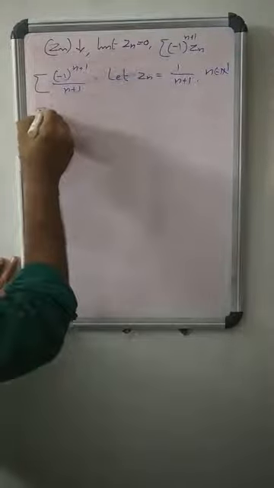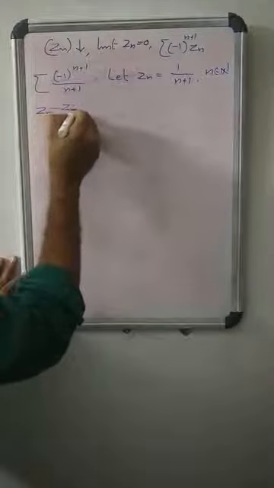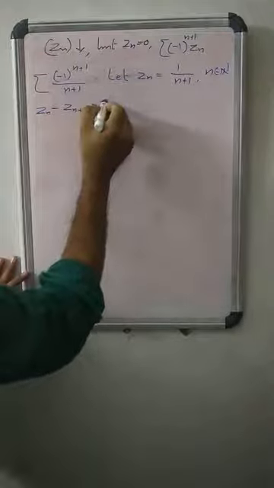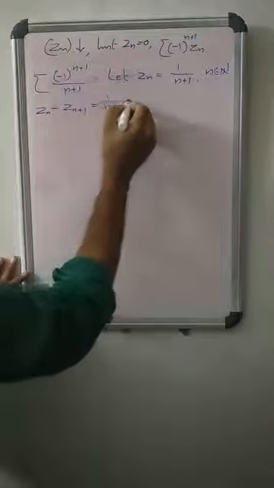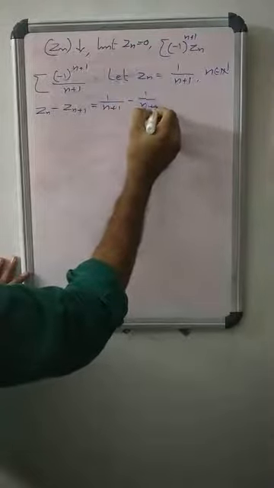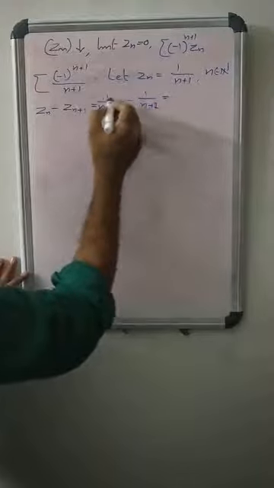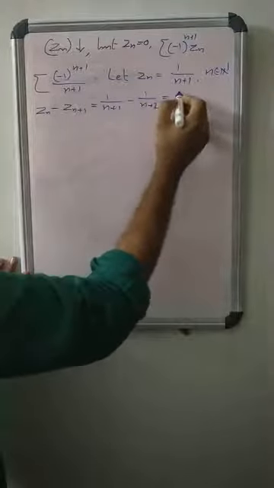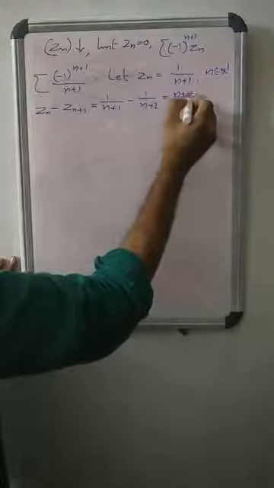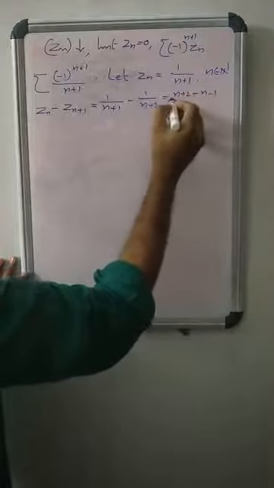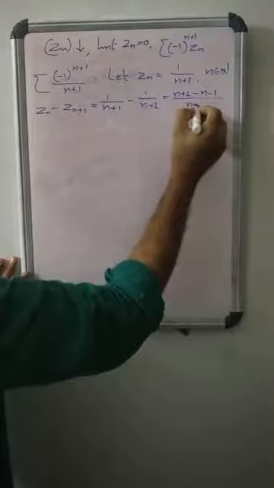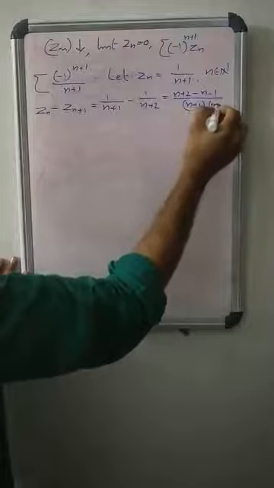Moreover, generally, what is Zn minus Zn plus 1? Zn minus Zn plus 1 is 1 by n plus 1 minus 1 by n plus 2. By taking LCM, it is n plus 2 minus (n plus 1) divided by (n plus 1) into (n plus 2).